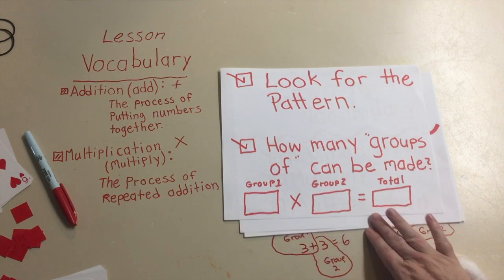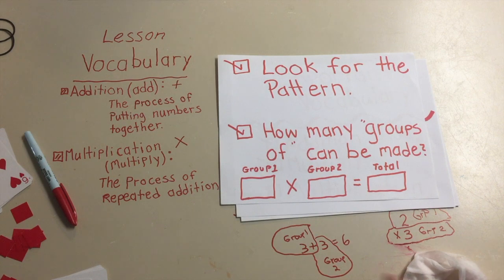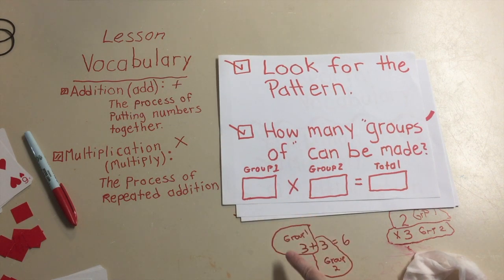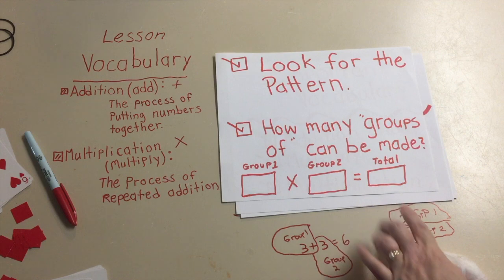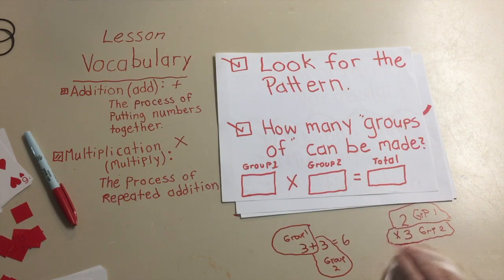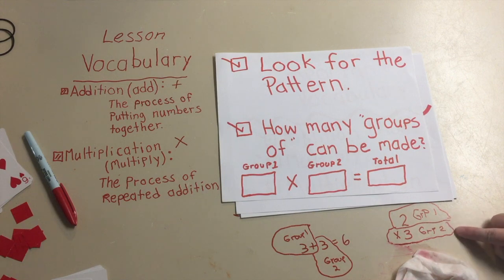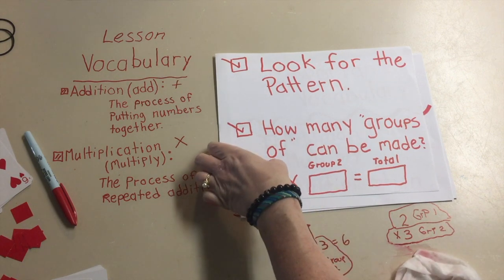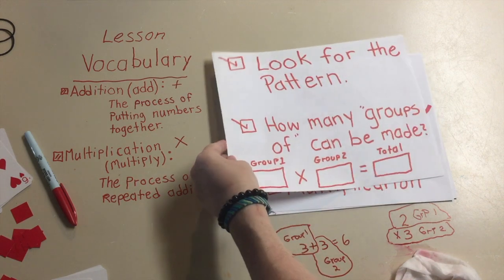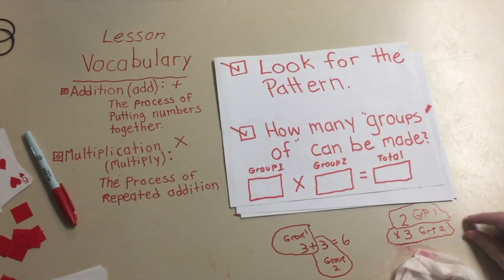Like we did in our example down here, we have 1 group of 3 and we have 2 groups of 3. So we could always group our problems to figure out how many groups we're expected to find.